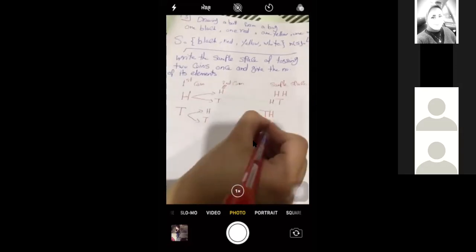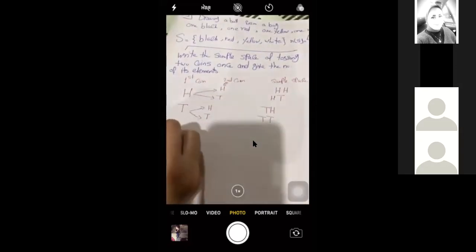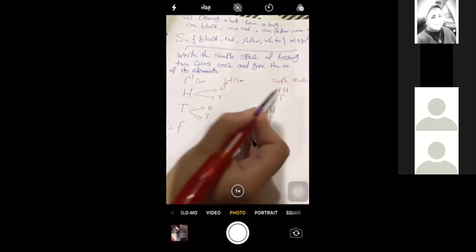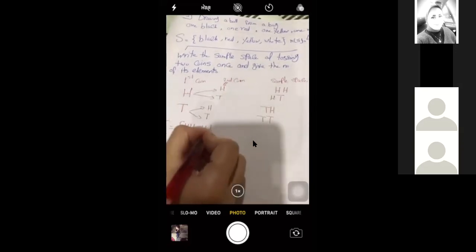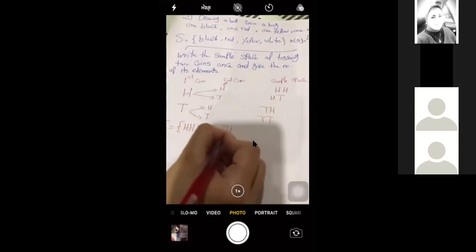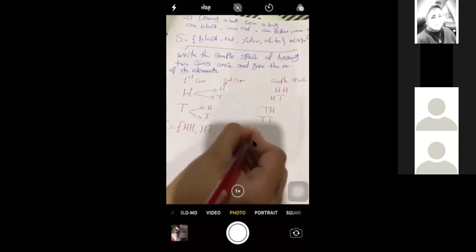Maybe the first coin is tail and the second is tail, so tail and tail. So now my sample space equals head and head, head and tail, tail and head, and tail and tail.